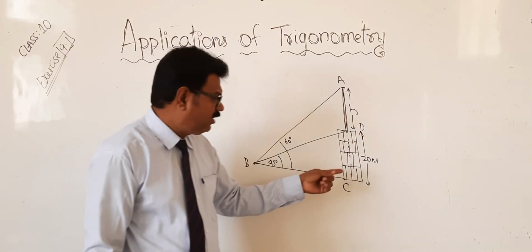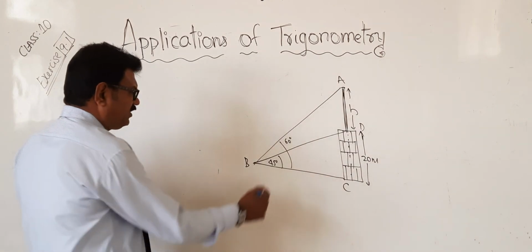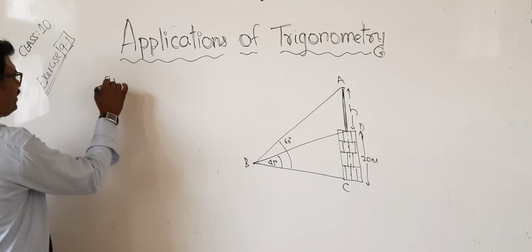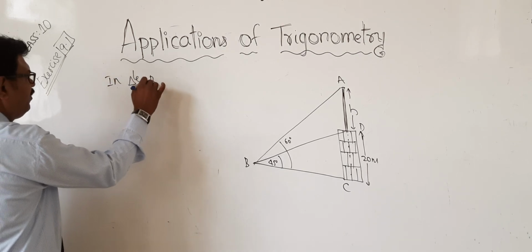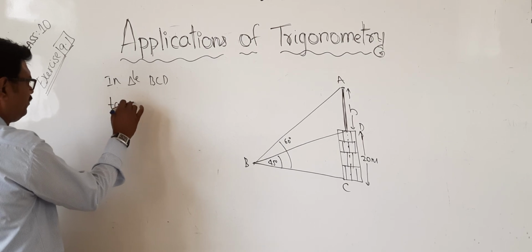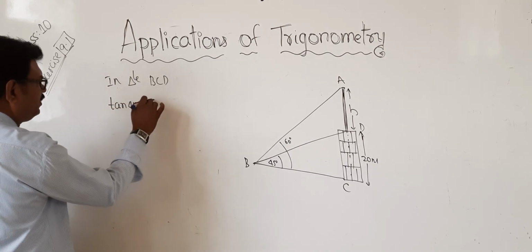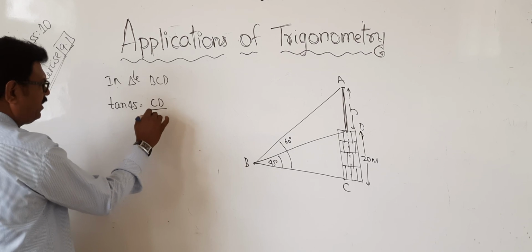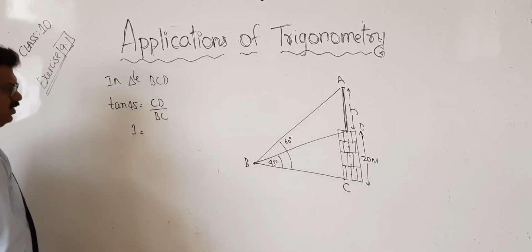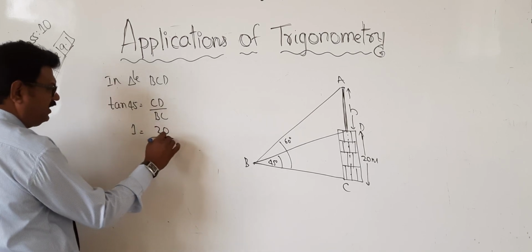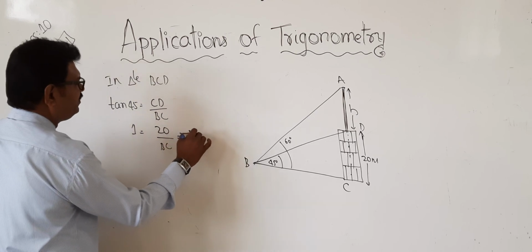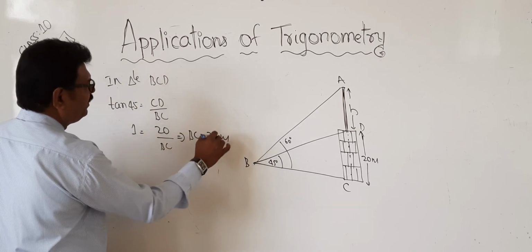First we will find this. In triangle BCD, tan 45 is equal to CD divided by BC. What is the value of tan 45? 1. So 1 equals 20 divided by BC, which implies BC equals 20 meters.